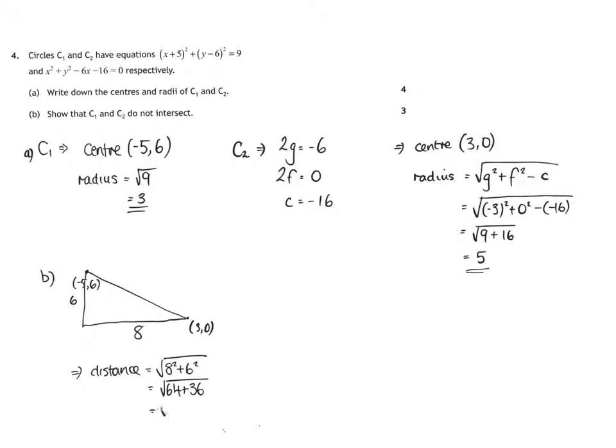So the square root of 100, which is 10. Okay, so therefore, as R1 plus R2 is less than the distance between the two centres, they do not intersect.